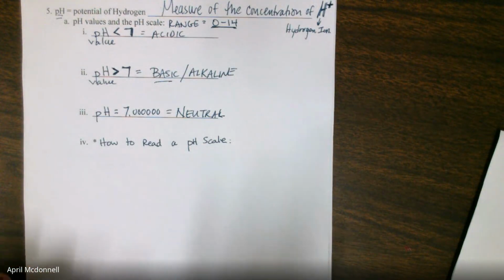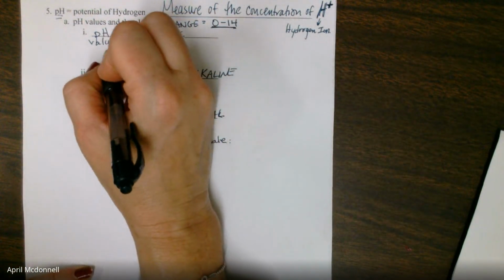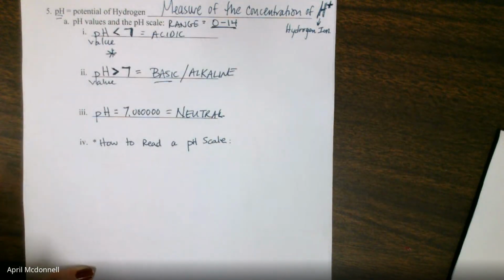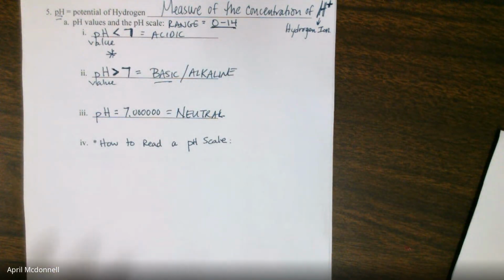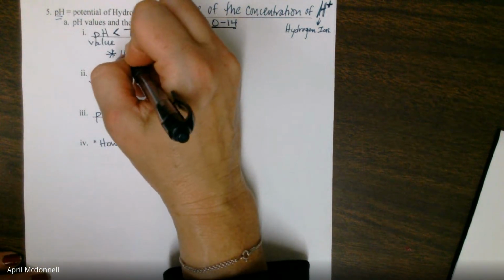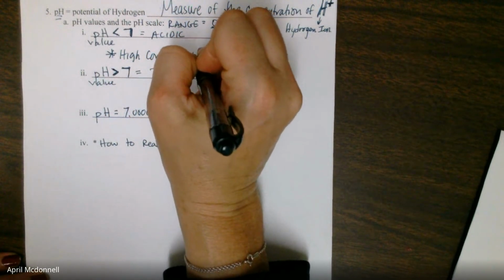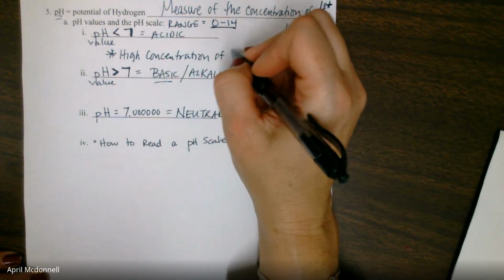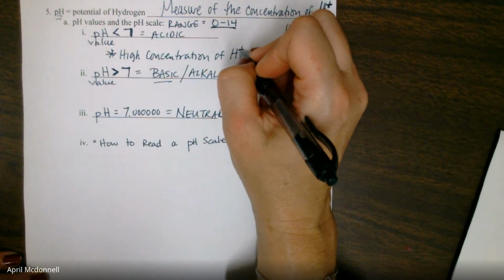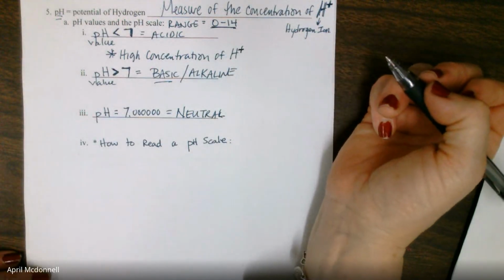Okay, let's go ahead and note under our pH value less than 7 for acidic substances that acidic substances have a high concentration of hydrogen ions. So they are going to have a lot of hydrogen ions.